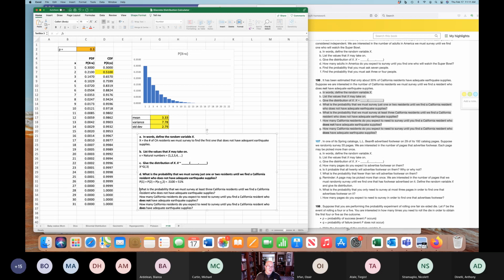And we have E. What is the probability that we have to survey at least 3 until we find at least 3? Well, in this case, what do we want? That has to be 1 minus the probability that x is less than or equal to 2, right?